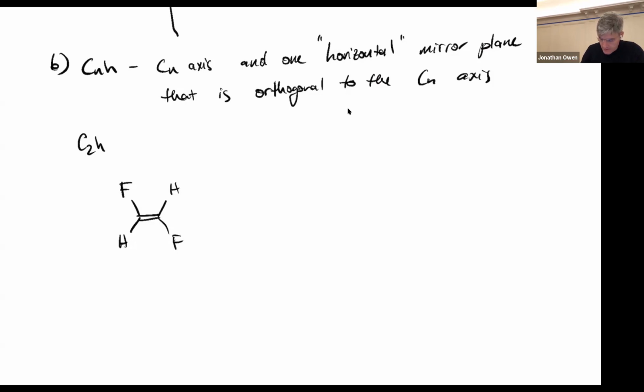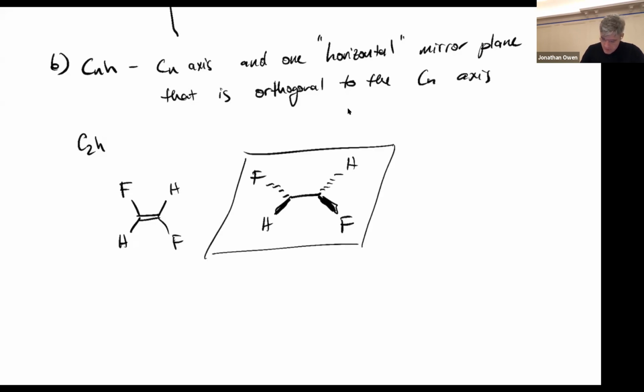Let's draw this guy slightly differently. So you've got a sigma plane here. This guy is a sigma H. Where's the principal axis?